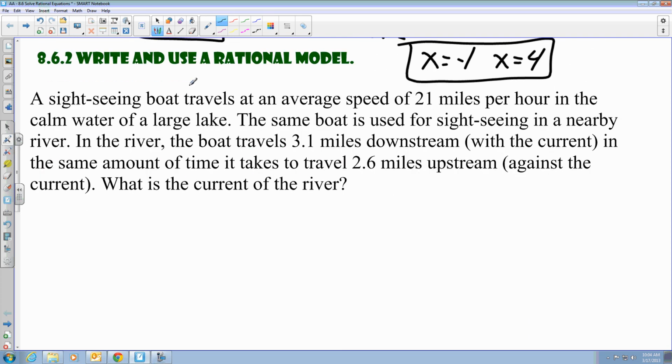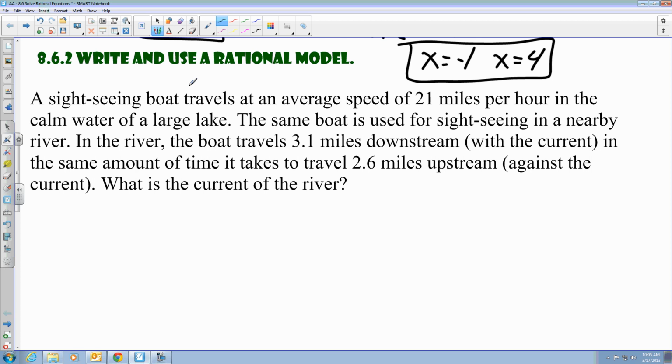Also, they're going to ask us to use rational expressions in real life situations. We have a story problem here where a sightseeing boat travels at an average speed of 21 miles per hour in the nearby calm water of a large lake.